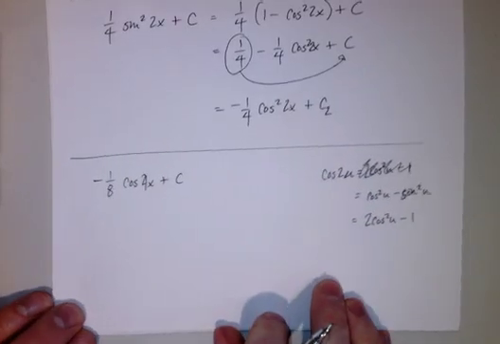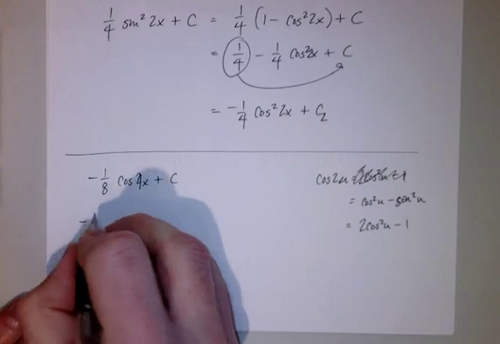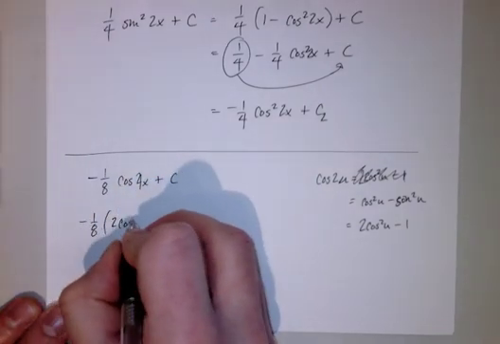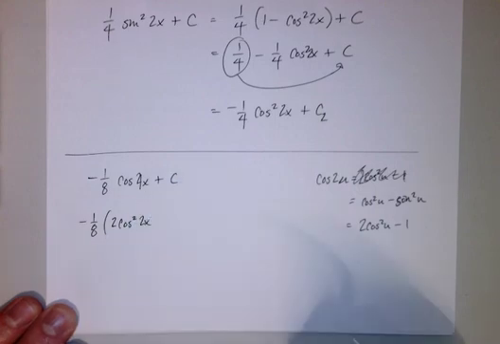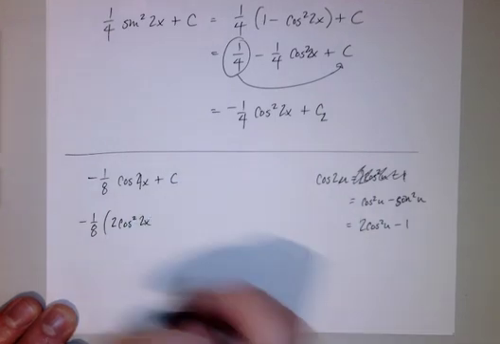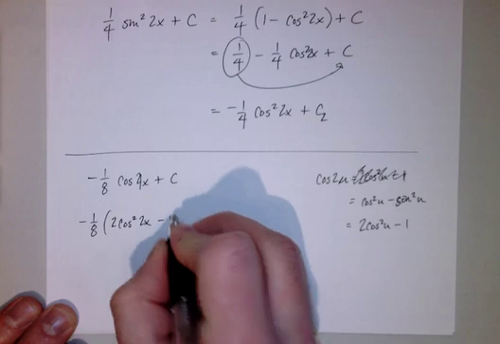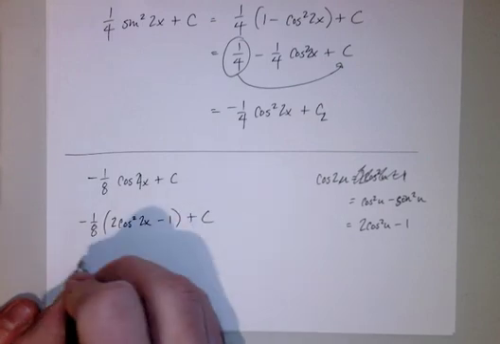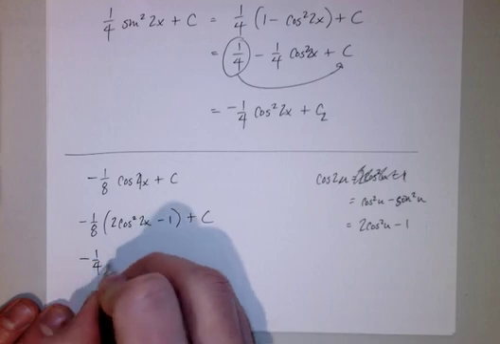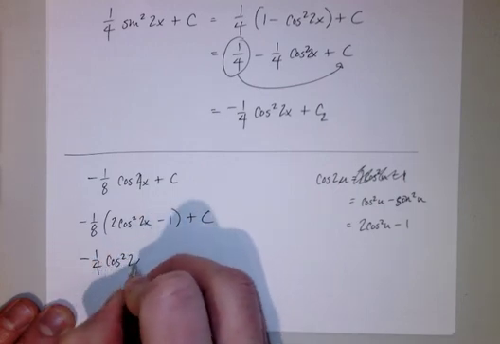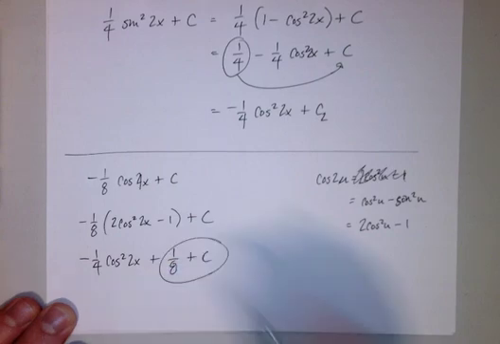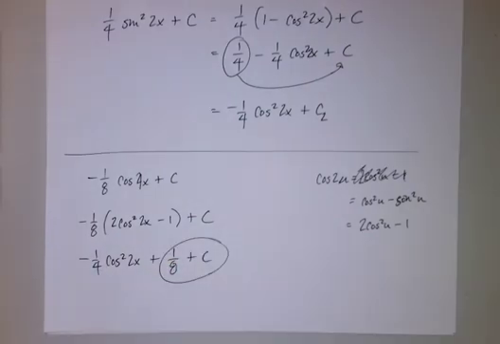That means I can plug in negative 1/8 times 2 cosine squared 2x minus 1, plus c. Then, when you distribute the 1/8, this becomes negative 1/4 cosine squared 2x plus 1/8 plus c. But those two constants can just be combined into yet another c.